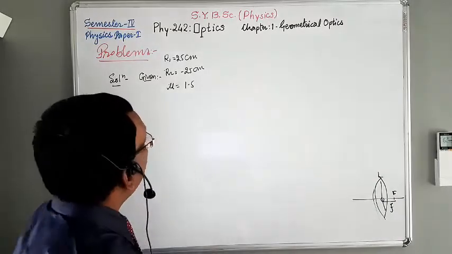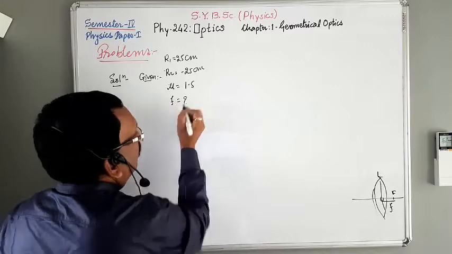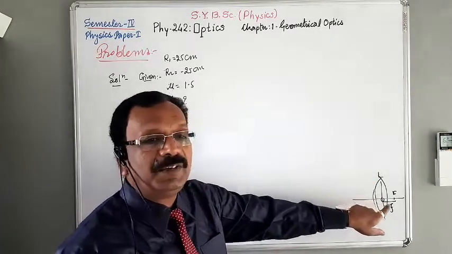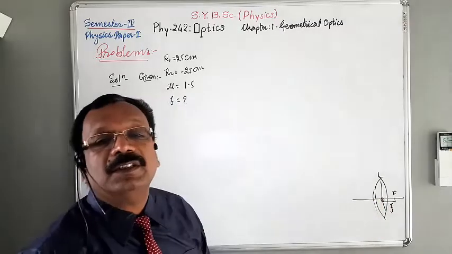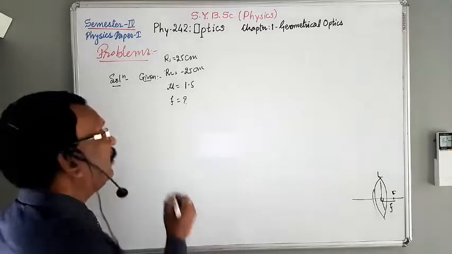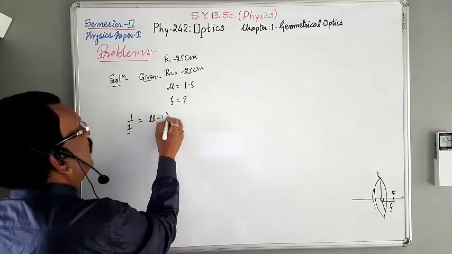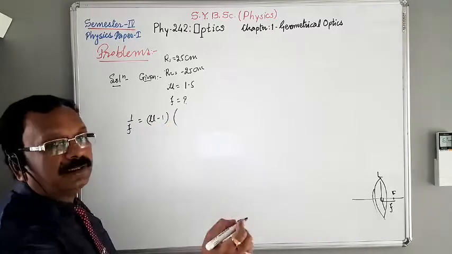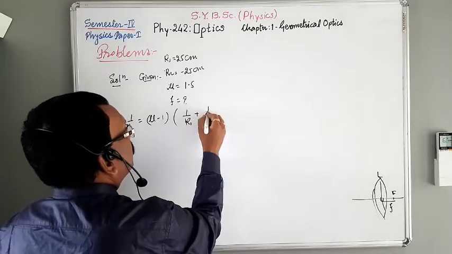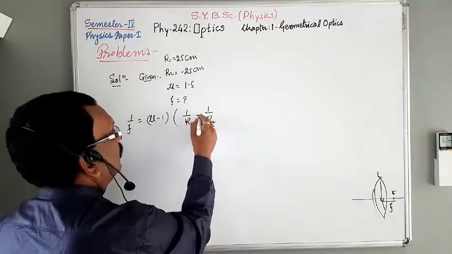In order to find the focal length of a convex lens whose radius of curvature is 25 centimeter and whose refractive index of the material is 1.5, we have to use the formula 1 upon F is equal to mu minus 1 in bracket 1 upon R1 minus 1 upon R2.